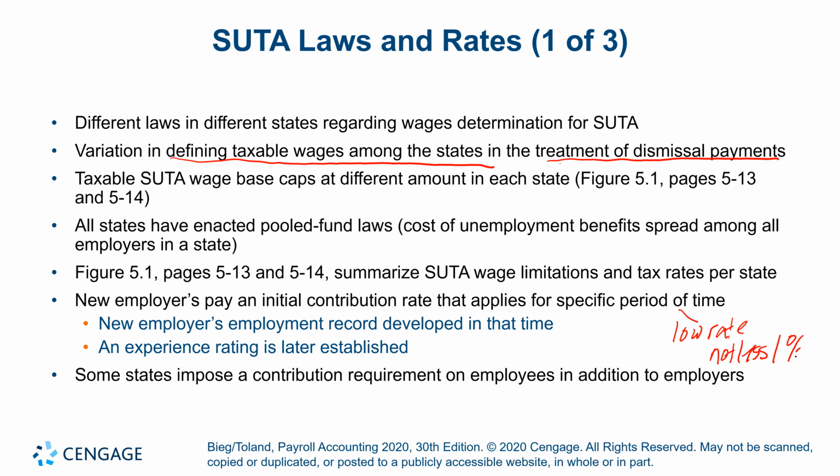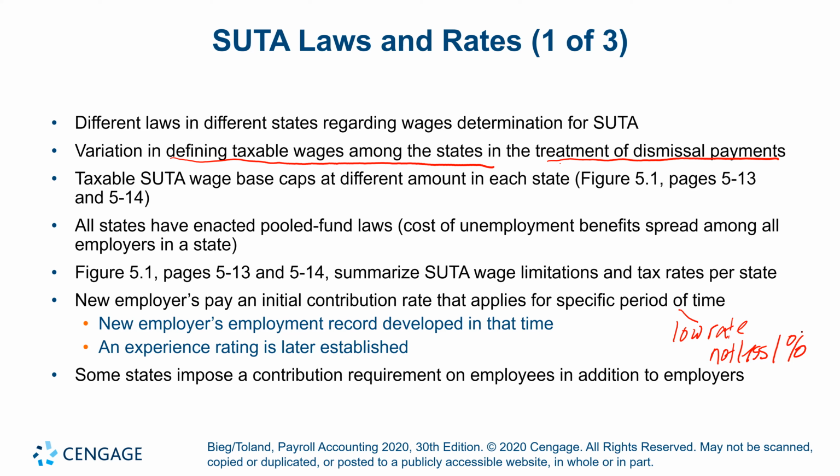But it's usually a low rate, 1%, 1.5%, 2% or whatever. It just cannot be less than 1%. And so they let these new employers pay this initial contribution rate while the employer is developing a little bit of an employment record, right?